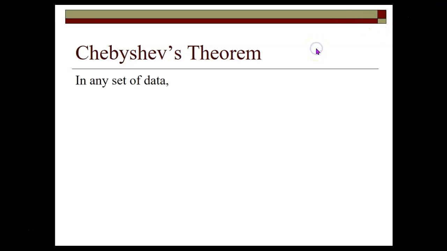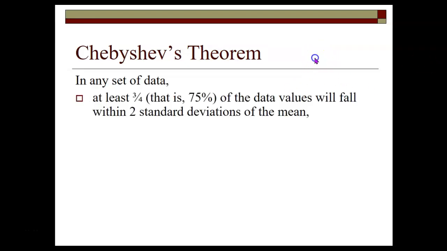So Chebyshev's theorem says that in any set of data, you can take any set of numbers whatsoever, make up any set of numbers at all, at least 3/4 of the data values, at least 75% of them, will fall within 2 standard deviations of the mean.